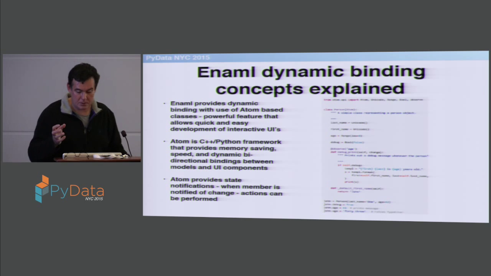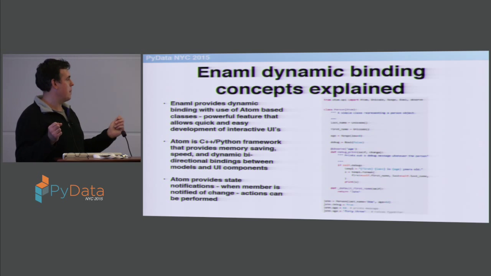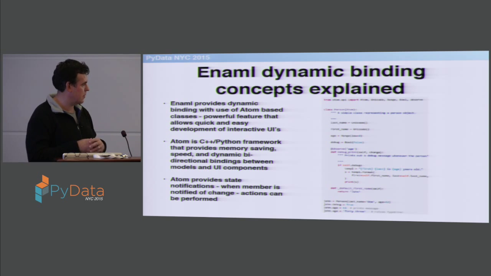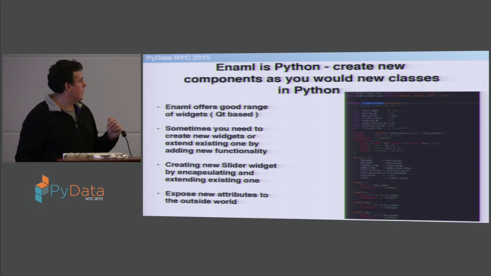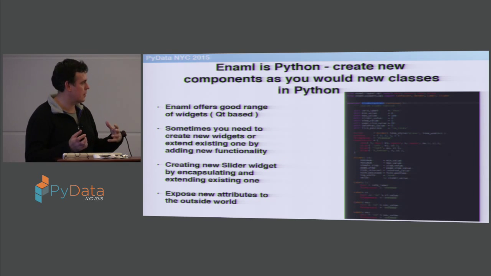You can do the same thing with Qt using signals and slots, but this makes it much easier. In many cases, you just want to quickly build this UI without going deep into writing a lot of code. And again, like I said before, because it's Pythonic, you can build your own libraries and add things to it so that they can reuse your application.